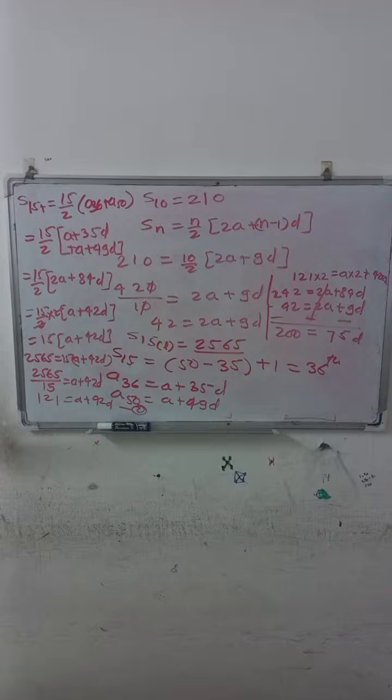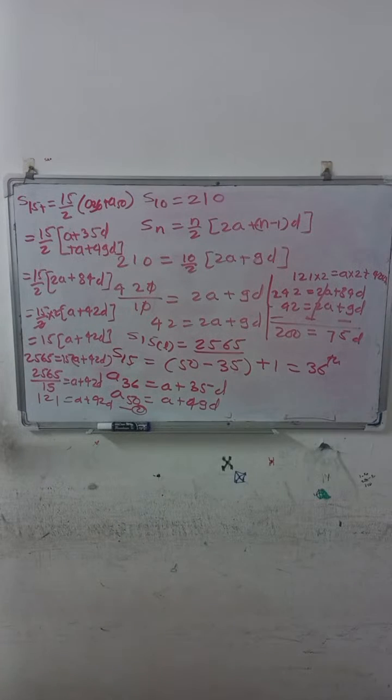D I am getting in decimals. This is correct, no? 42 is equal to 2A plus 9D, that is correct. Yeah, this is also correct. Check my calculation once. Did I make a mistake anywhere?